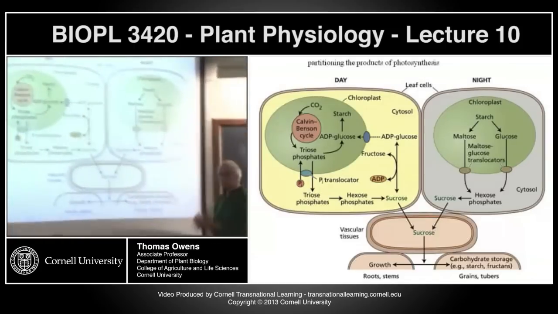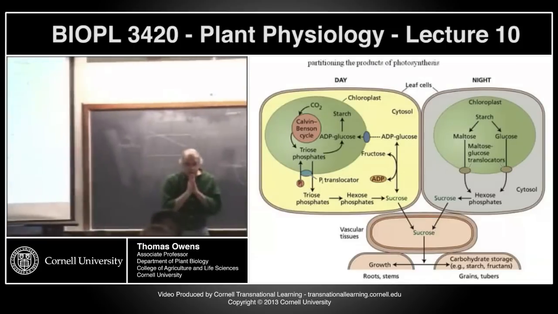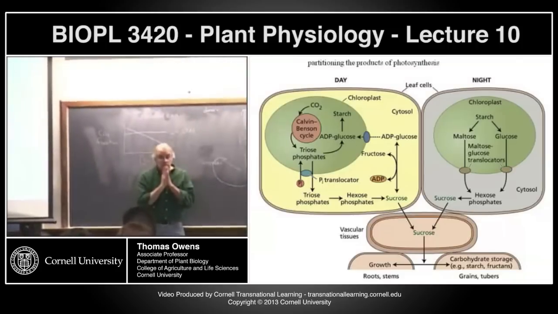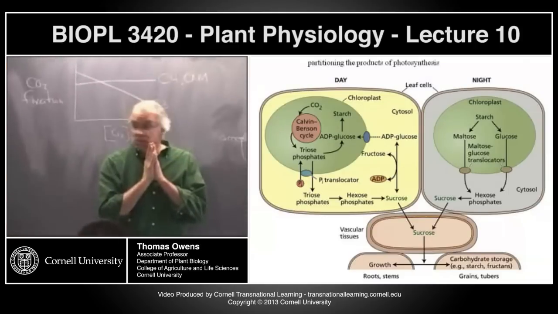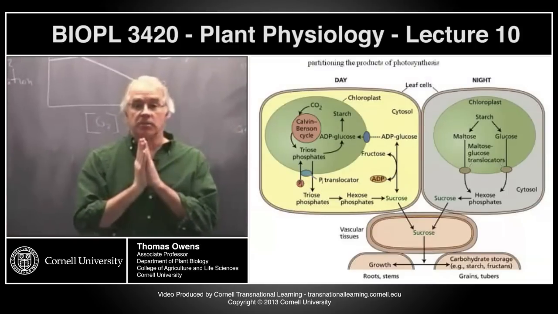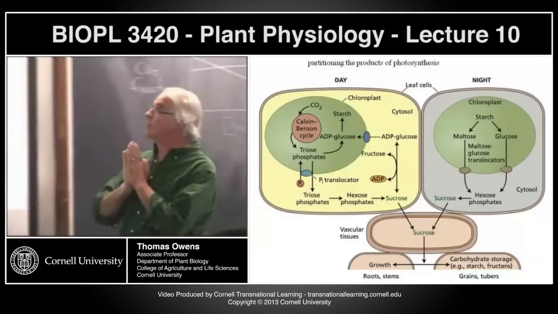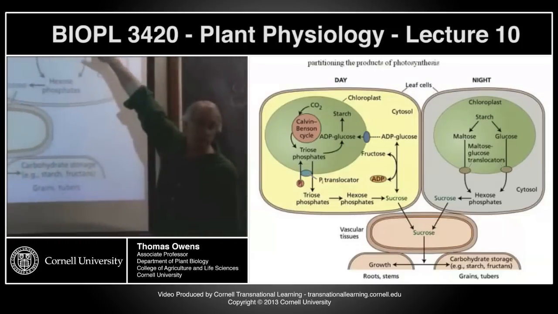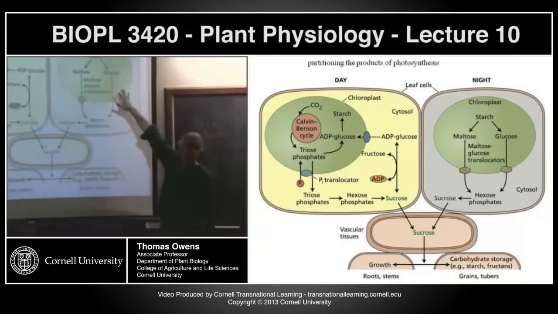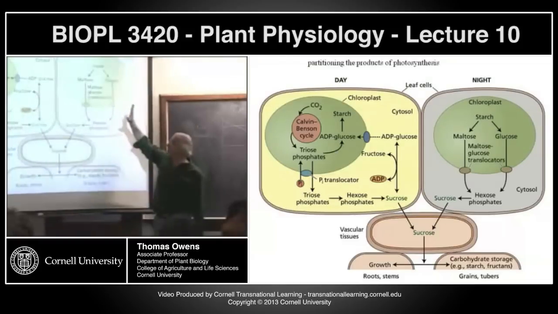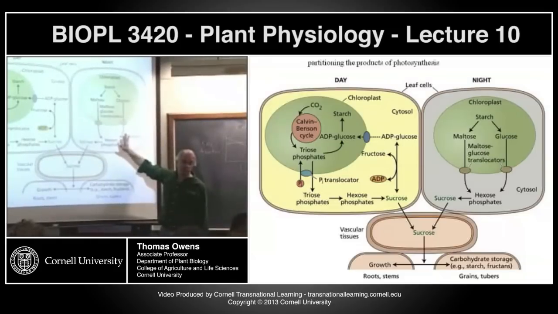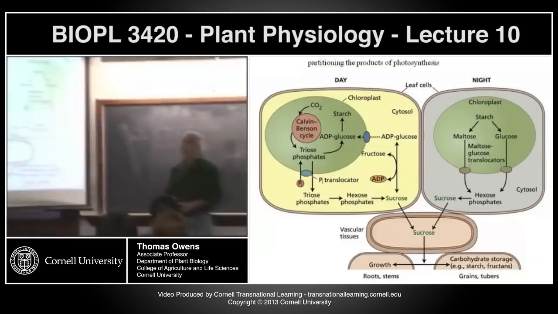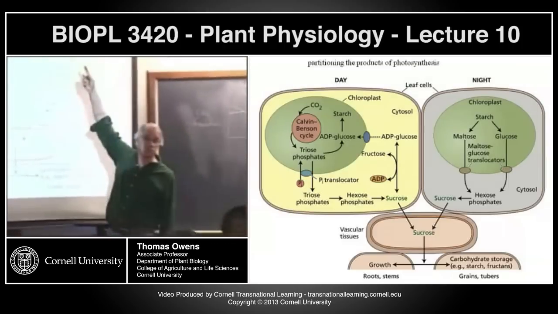How about at night? What's the supply of triose-phosphates at night? Is there any photosynthesis at night? No. So the only place in the chloroplast that triose-phosphates could come from is from starch that's stored away in the chloroplast in the daytime. In fact, much of the energy that the mesophyll cells in the leaf need to do their normal things at night comes from carbon that's stored as starch.